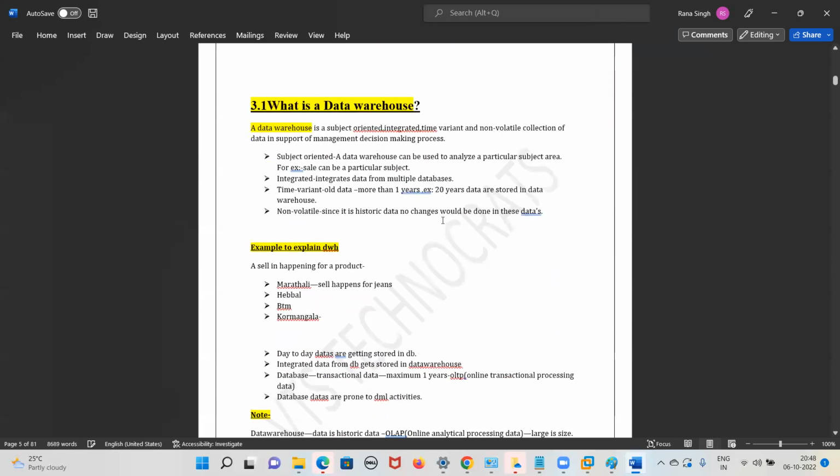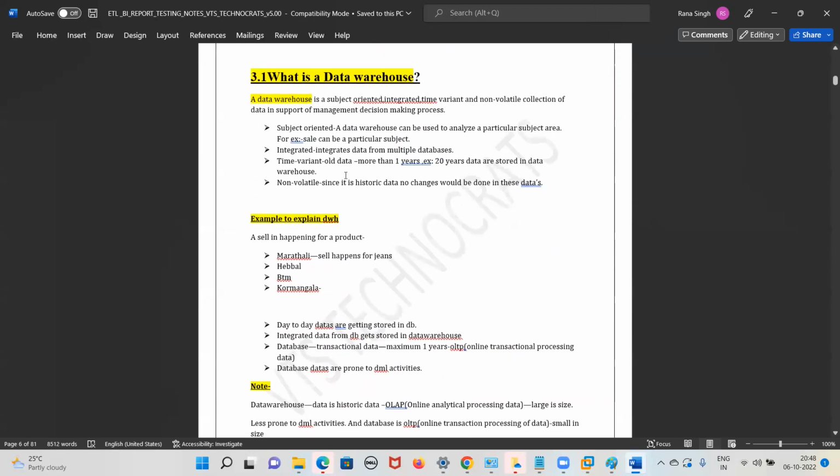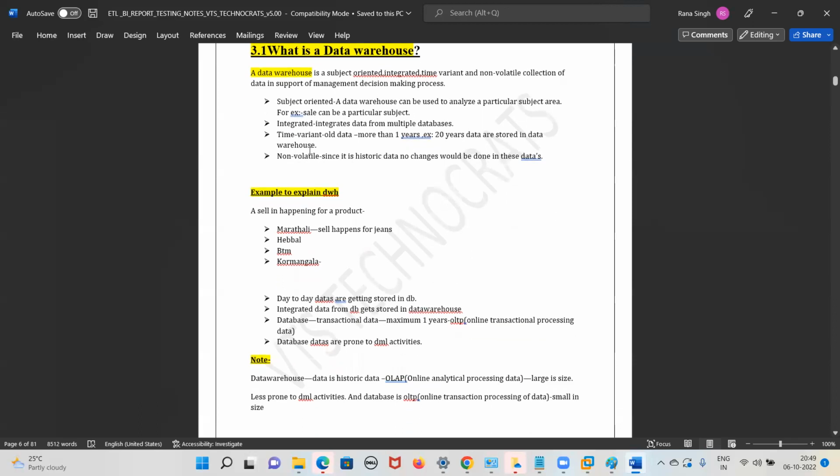Now, what is a data warehouse, guys? I've already explained. It is a subject-oriented, integrated, time-variant, and non-volatile collection of data in support of management decision-making. That is nothing but your data warehouse. All these 4 properties I explained to you. Subject-oriented should be for a particular subject. Integrated, it's getting integrated from multiple databases.